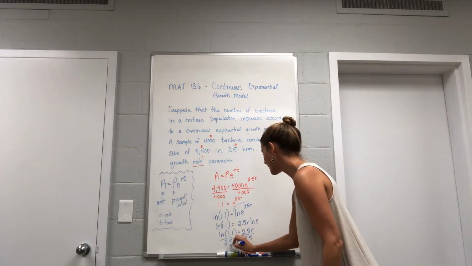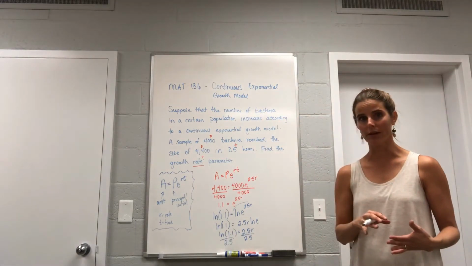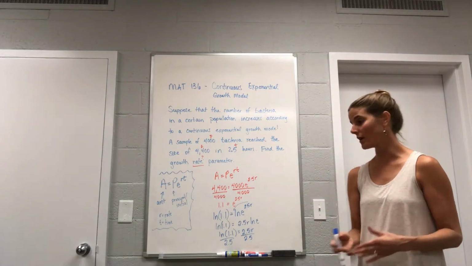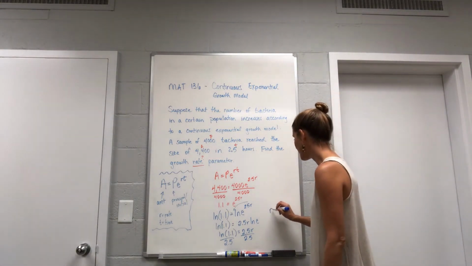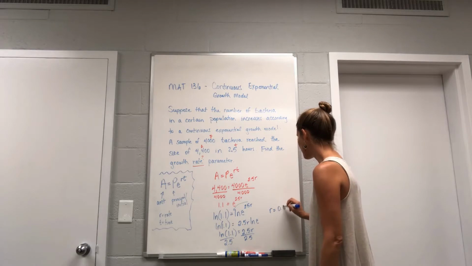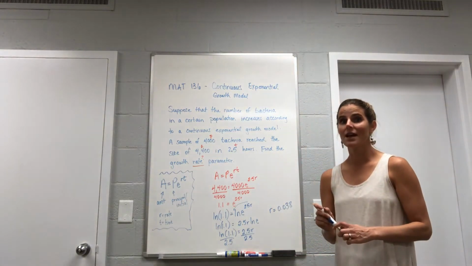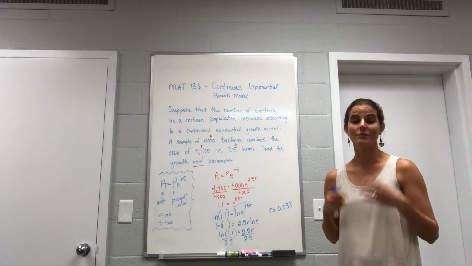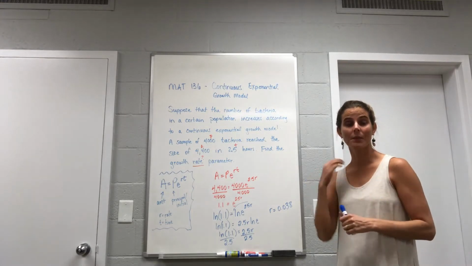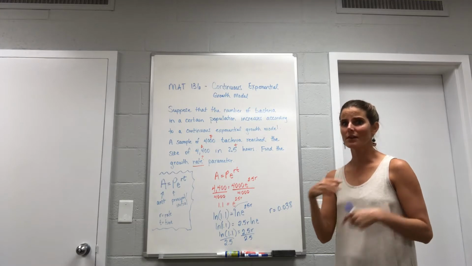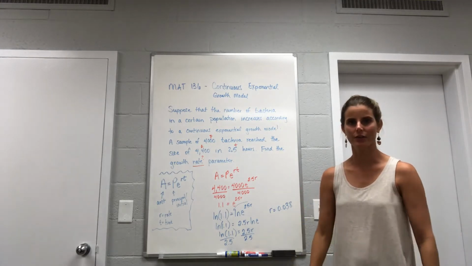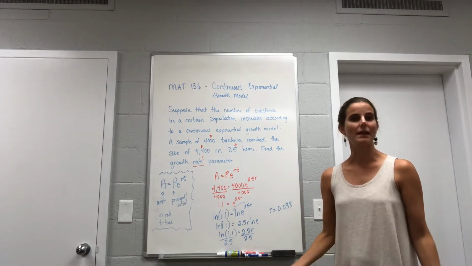If you type that in your calculator, ln of 1.1, there is an ln function on your calculator, divided by 2.5, you will get r equals 0.038. Now here's the nice thing: in these problems, your rate is a percentage. If you end up with something crazy like 500 for your r value, that doesn't make any sense.